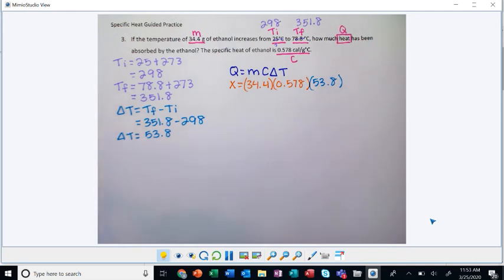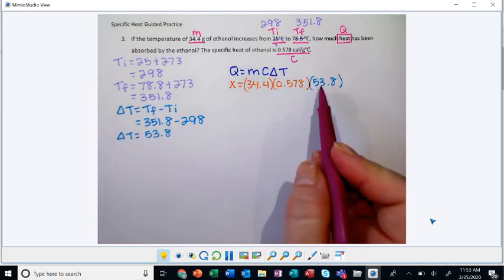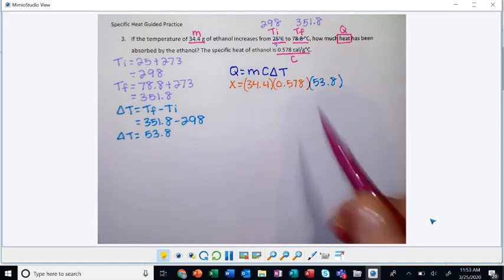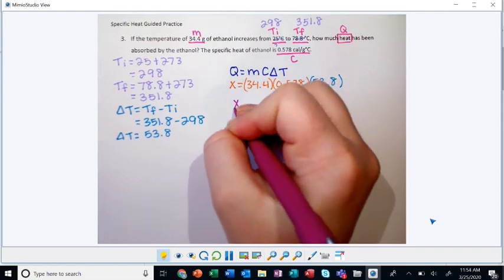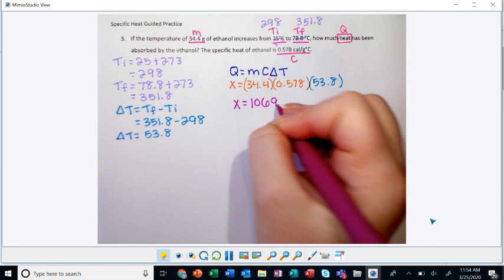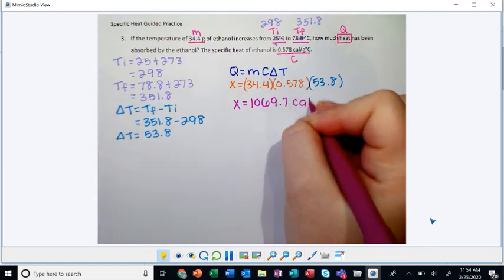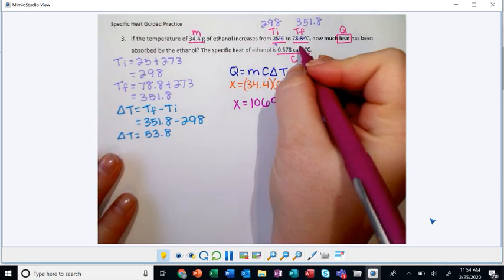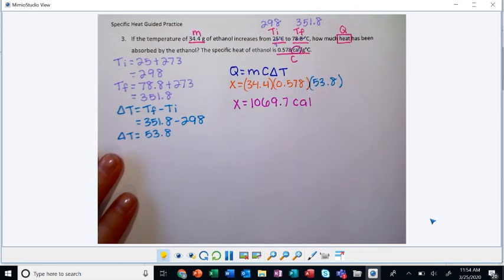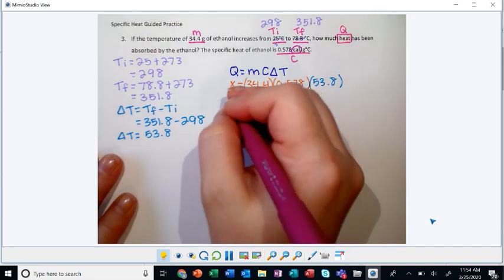All right, again, X is already on its own, so I just need to plug all this into the calculator. I'm going to multiply them together, and we get X equals 1069.7 calories. And it's calories because of that right there. Since this is calories, this has to be calories.